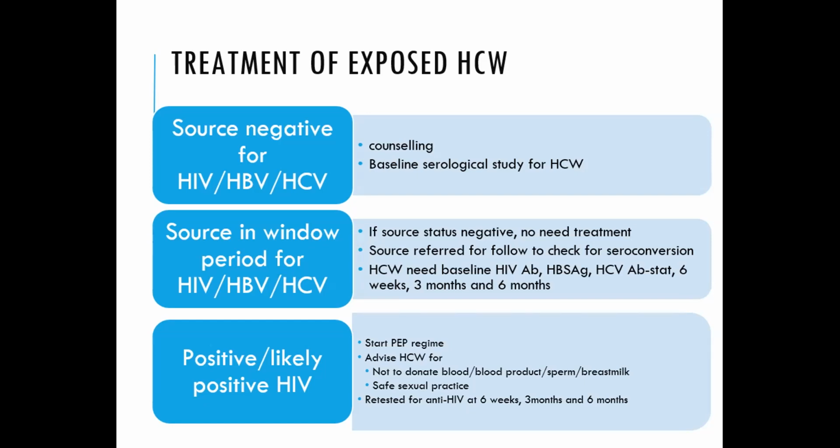But if the source needs to be referred for follow-up to check for seroconversion, the healthcare worker needs baseline infective screening and follow-up at 6 weeks, 3 months, and 6 months. If positive or likely positive for HIV, usually we start the PEP regime and advise the healthcare worker not to donate blood products, sperm, breast milk, to have safe sexual practice, and to report for anti-HIV at 6 weeks, 3 months, and 6 months.